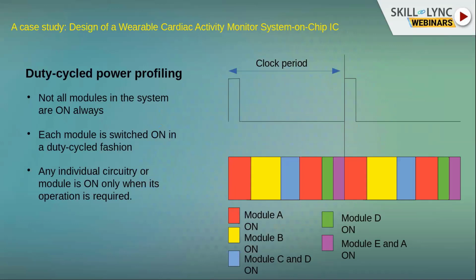They are on only when they are required, and that is how I have programmed my controller to switch on and off whatever is required or not. These power duty cycles can be overlapping also. As you can see, there is a time where we want modules C and D to be on, and modules E and A to be on. So it can be overlapping also.